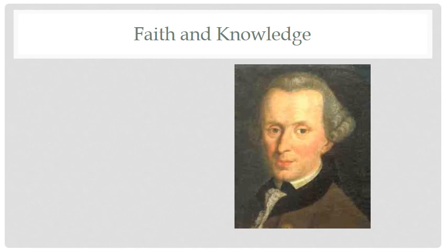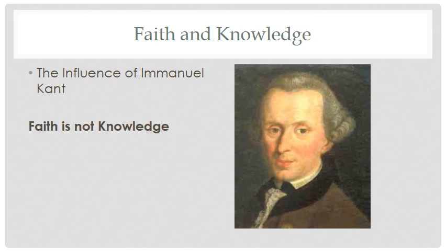And we want to start with a guy named Immanuel Kant, a German philosopher in the late 1700s, who was at the end of his life right at the beginning of the 19th century. But his philosophy really began to shape how people, Christians in particular, thought about faith and knowledge.